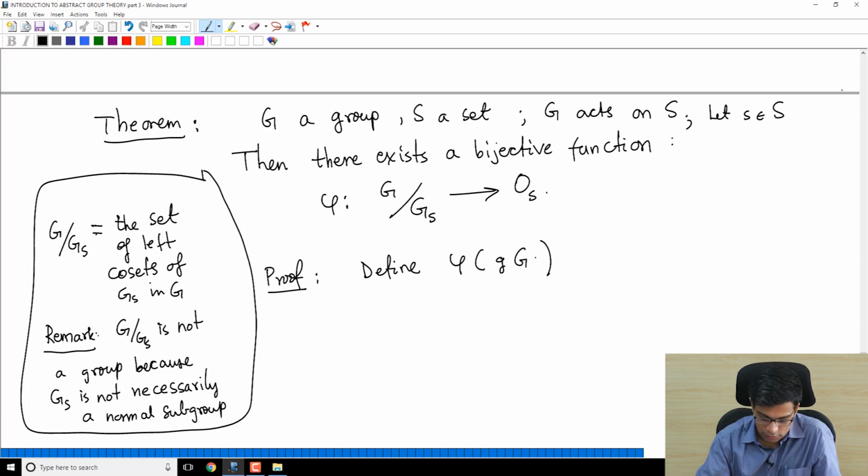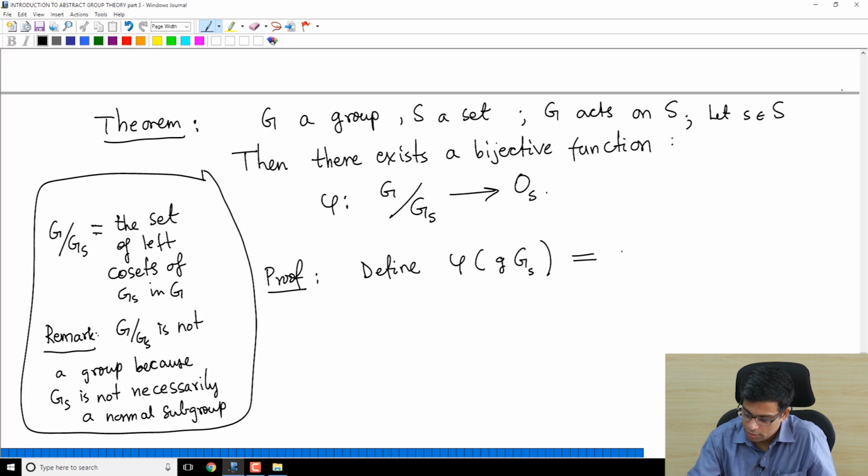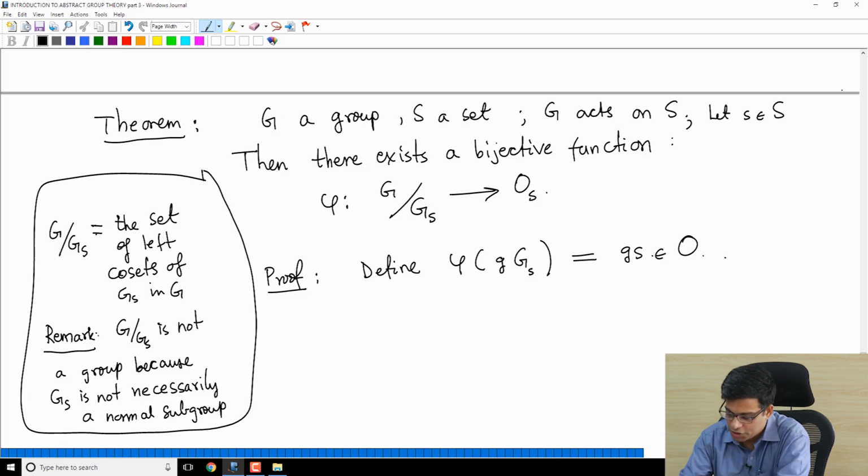So define phi of g G_s to be g s. This is of course in the orbit. So what is the function? It is taking a left coset, which by definition is of the form g times G_s, and I will map it to the element g s, which is in the orbit.